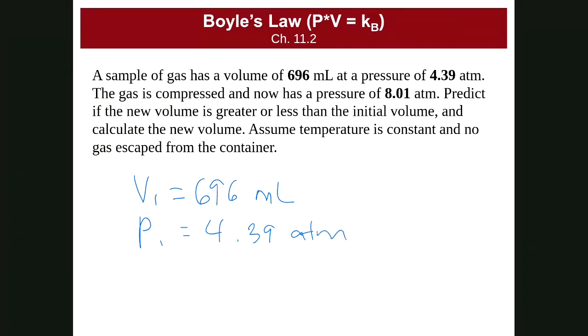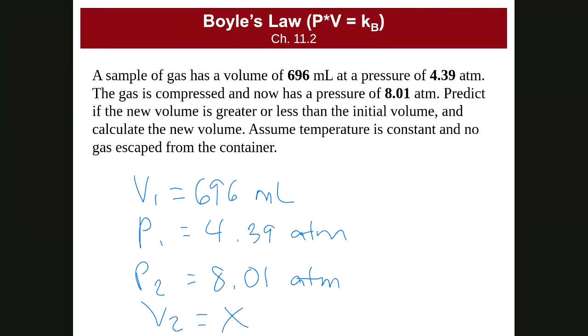The gas is compressed and now has a pressure of 8.01 atmospheres. So pressure 2 is 8.01 atmospheres. Predict if the new volume is greater or less than the initial volume and calculate the new volume. So we want to find V2. Assume that temperature is constant and no gas escaped. So temperature and moles are constant.